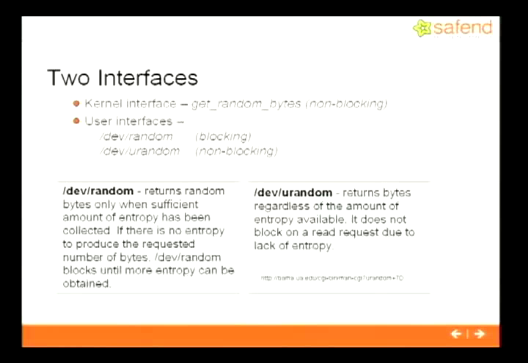The penalty will be that you may be delayed till there is enough noise, enough entropy in the system. And if you're willing to give up some level of security, then use /dev/urandom, which works much faster.